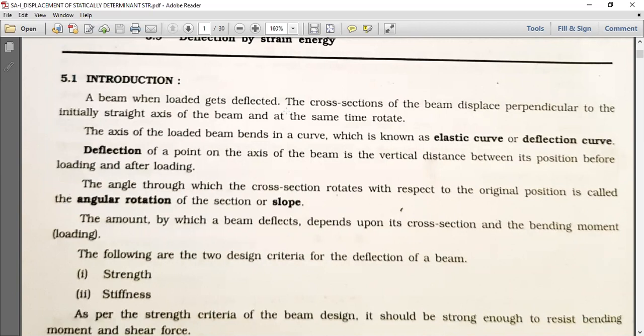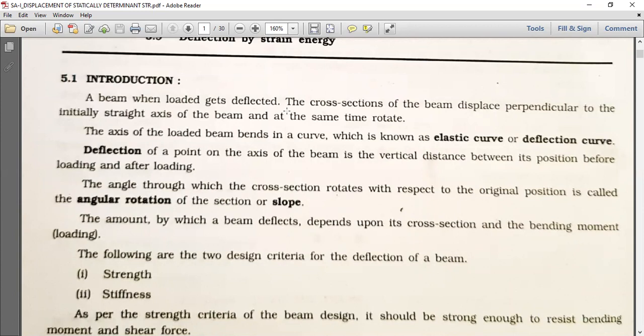The axis of the loaded beam bends in a curve which is known as elastic curve or deflection curve. Deflection of a point on the axis of the beam is the vertical distance between its position before loading and after loading.